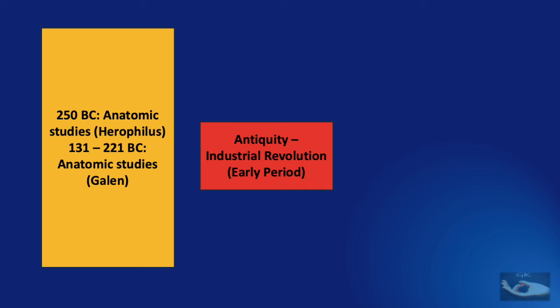Galen, of the subsequent Roman culture, described muscular anatomy from a perspective that was based on both his interpretation of Herophilus's records and also his dissection of animals. These events formed some of the basis of surgical innovations that occurred in reconstructive surgery.